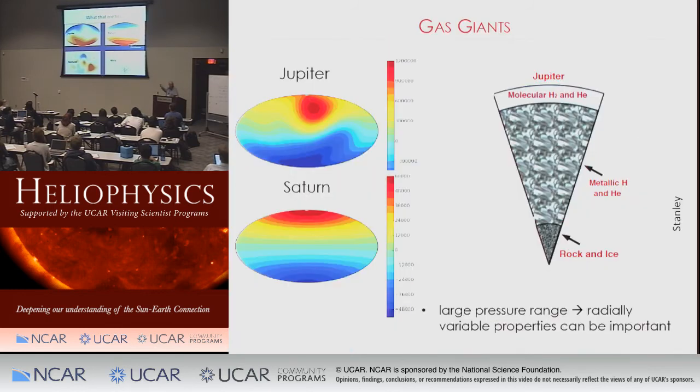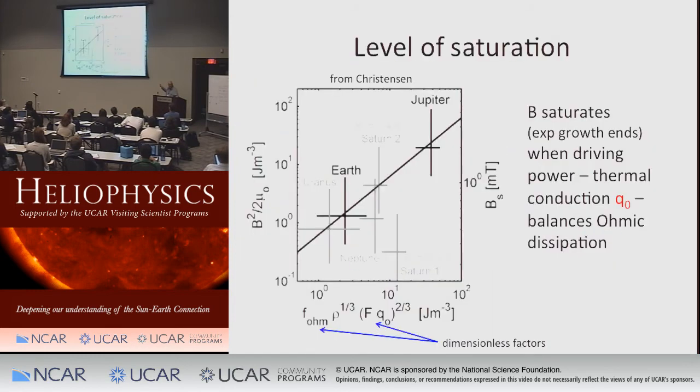I don't really linger too long on the basics, so let me just finish up by pointing out our one story about the saturation: we need the driver of the turbulence to determine how strong the magnetic field will get.